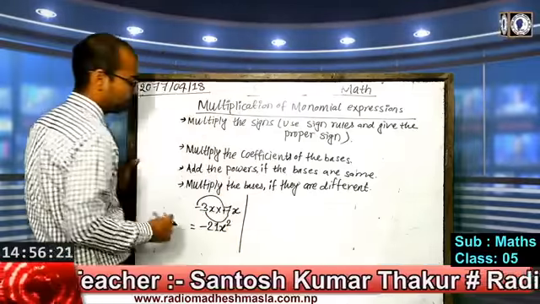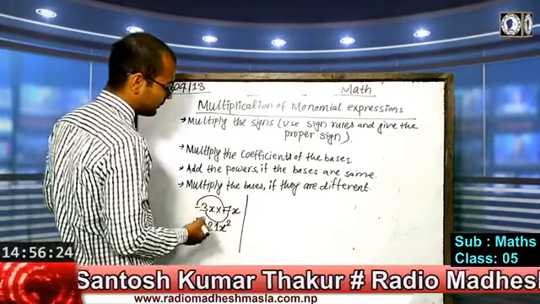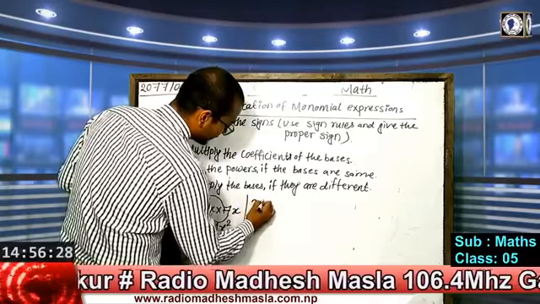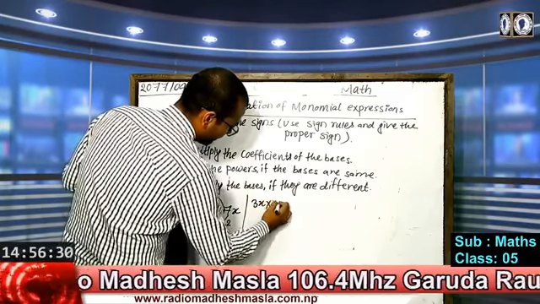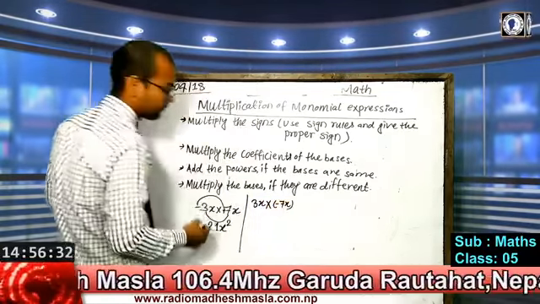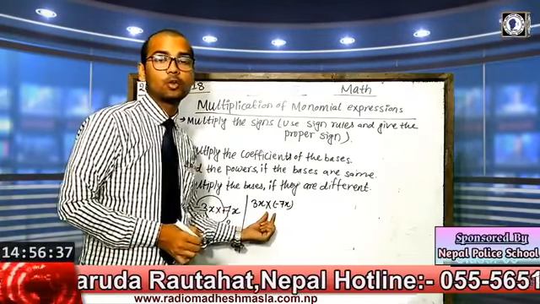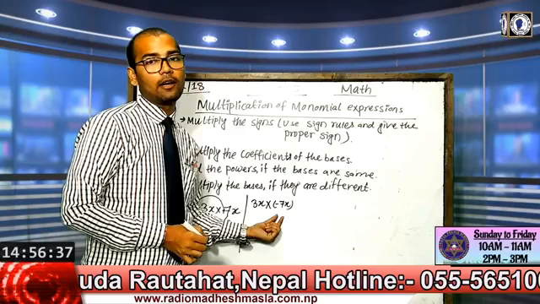Here, again take another example. Suppose we have given 3x into minus 7x. We can't write two signs in the same place, so we should separate minus 7x.